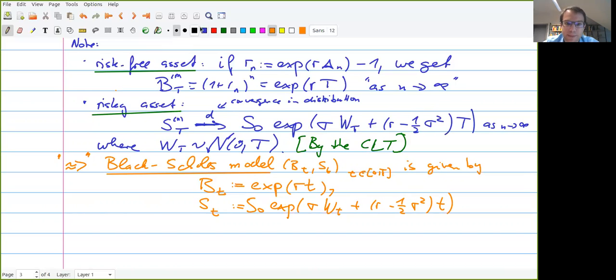And this is actually the binomial model under the martingale measure Q.